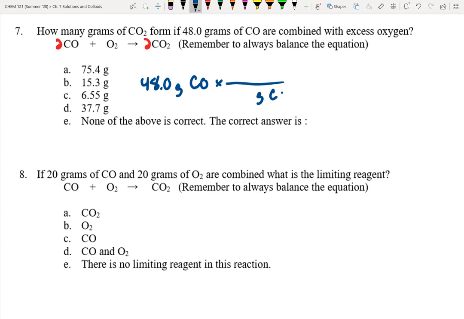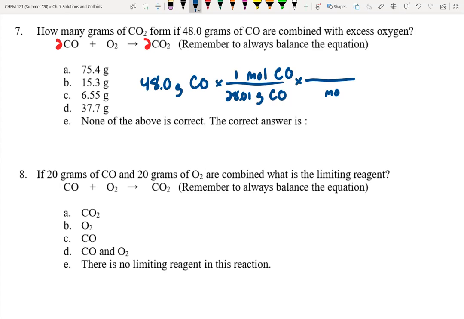So I'm going to put grams of CO on the bottom and moles of CO on top. If we look at the periodic table, carbon is 12.01 and oxygen is 16.00, so it's going to be 28.01 grams for every 1 mole. Now we're not trying to solve for moles of CO, we're trying to solve for CO2.